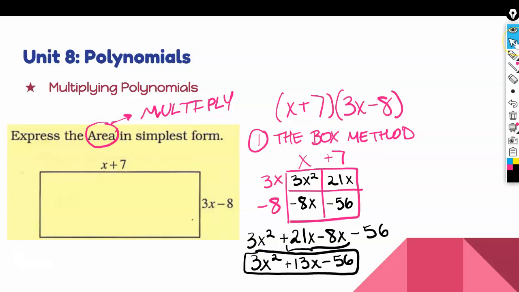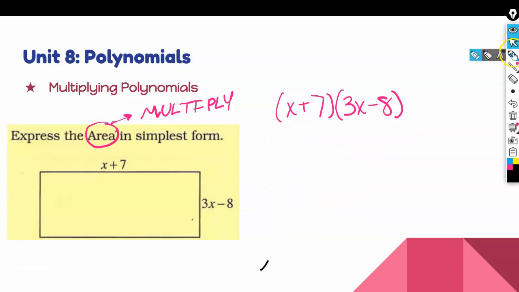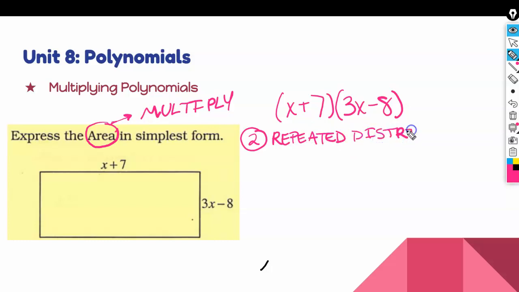And so I will also do this another way. The other method people like to use is called repeated distribution. Some people call this foiling.